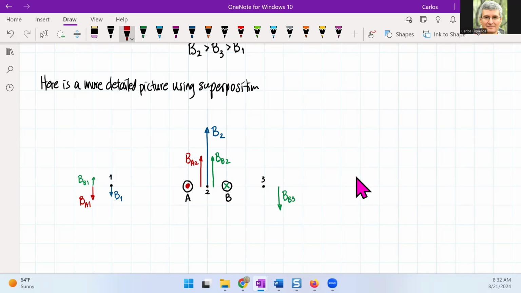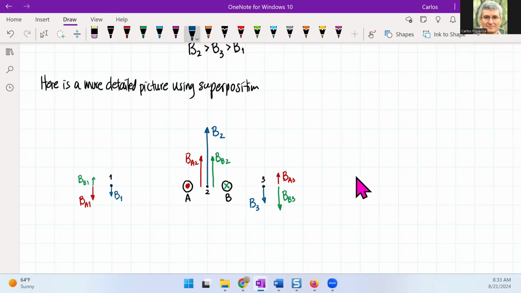This field, because it's much farther, is going to be smaller. And that's going to be the field of A at 3. So when I look at this field, let's say that I'm going to try to scale this, which is not realistic, but that's going to be the field at 3.